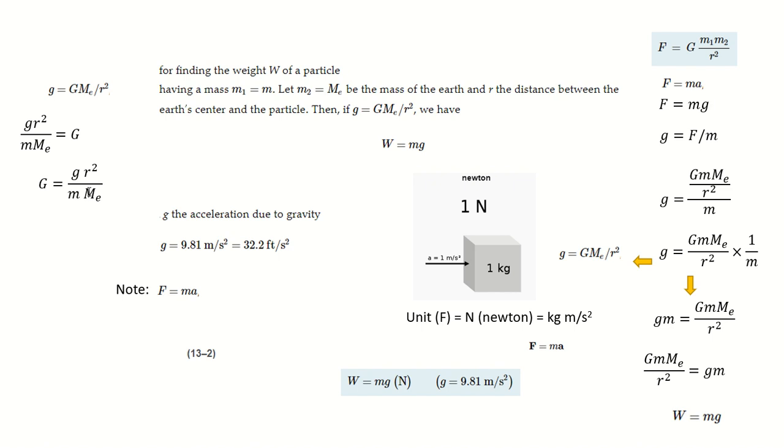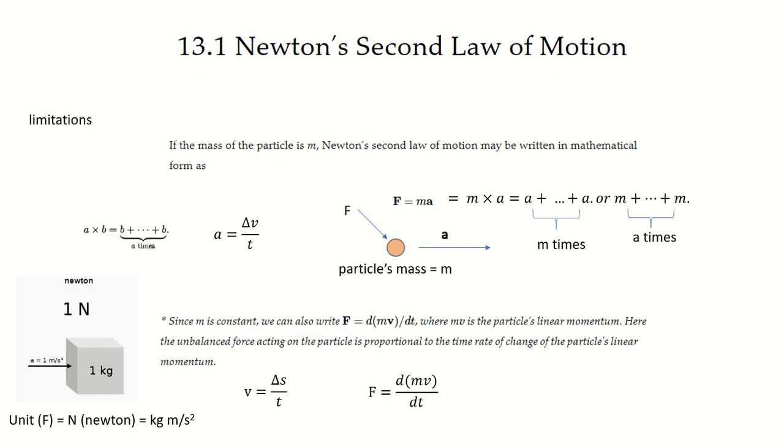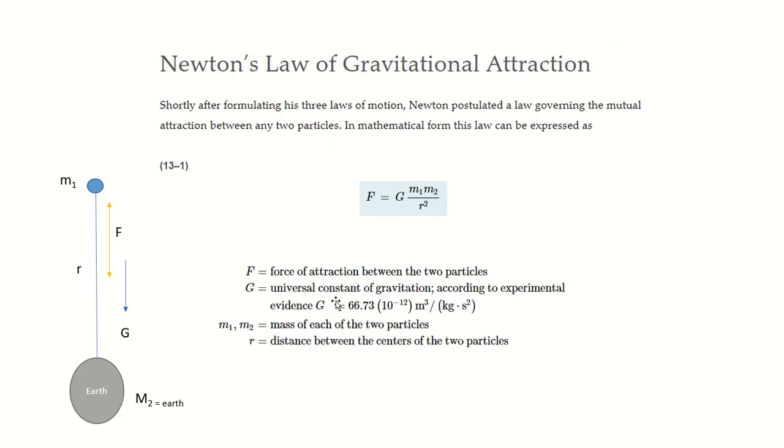Okay, of course in this case the second particle is your earth, so the mass of the earth, so you get this g, and that's where this constant came from, right? So just be very careful.